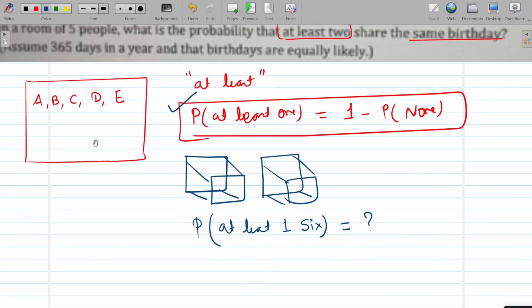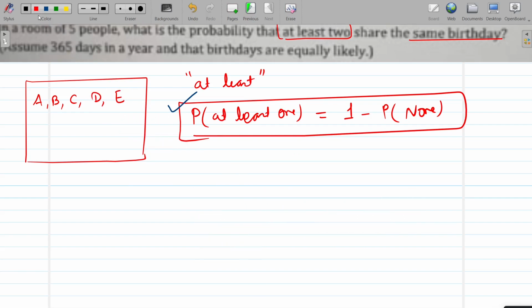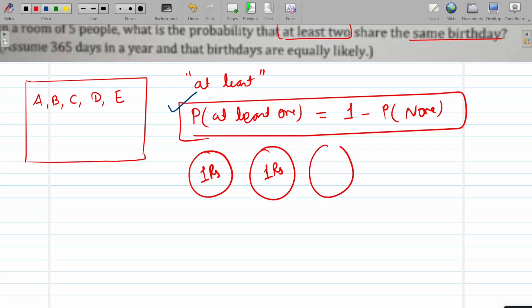How can we solve this? Or wait, let's see another example. Suppose we have tossed two coins, or three coins. Suppose we have tossed three coins.